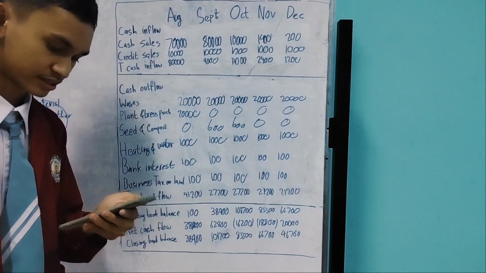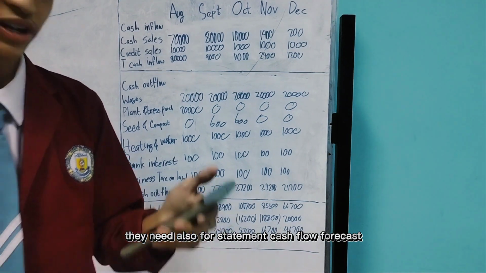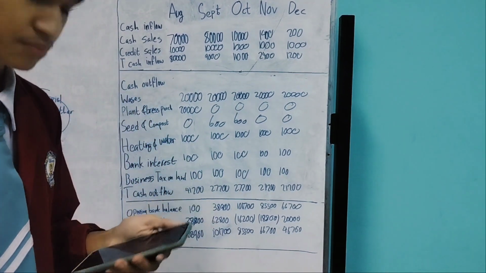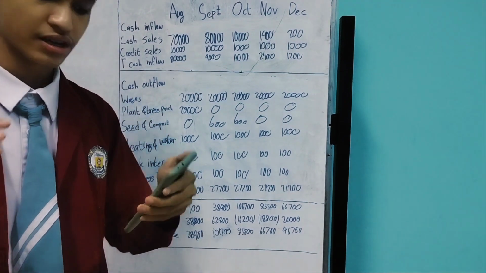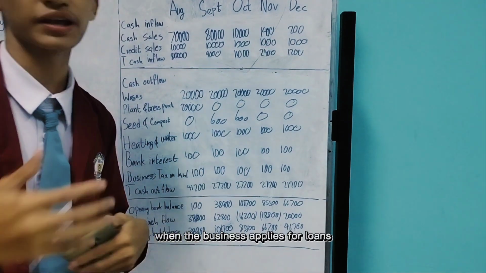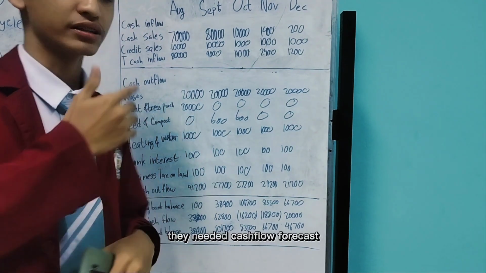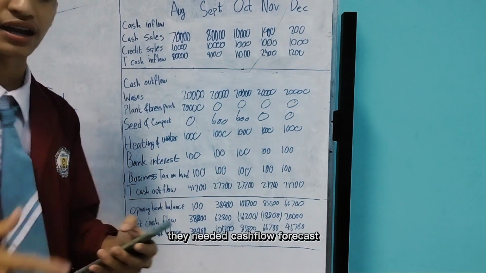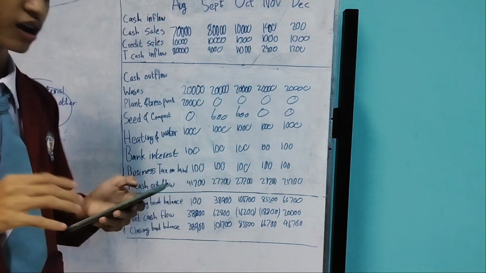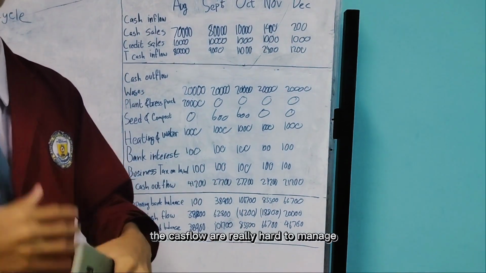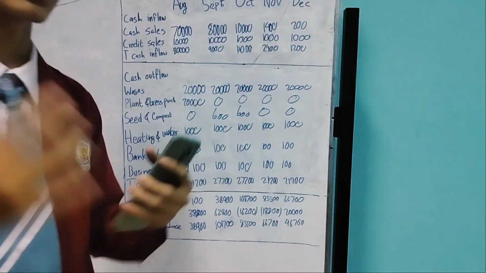And they also need this for a statement of cash flow forecast, because it's required by the bank managers when the business applies for loans. And they need the cash flow forecast for managing the cash flow, because sometimes the cash flow is really hard to manage and can cause bankruptcy for the business.